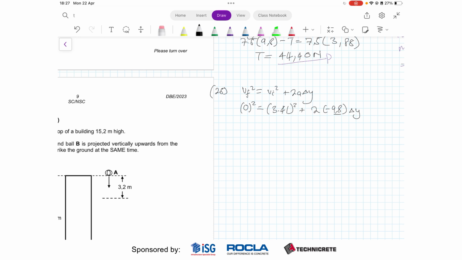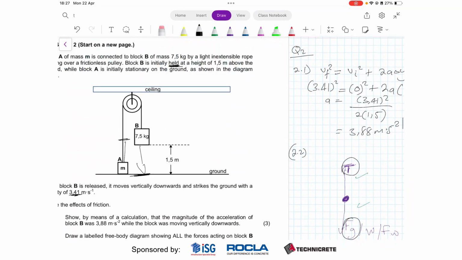This tells you that 2 into 9.8 delta y is equal to 3.41 squared. Delta y is equal to 0.59 meters.